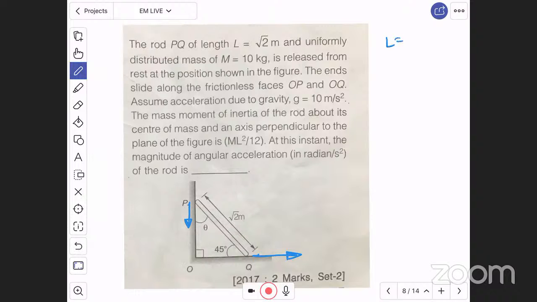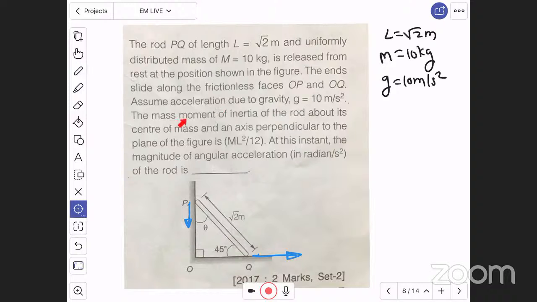Here the length of the rod is given. I am writing what is given in the question. The length of rod is root 2 meter, mass of rod is 10 kg, and acceleration due to gravity is 10 meter per second square. This is the given data in the question. Then the mass moment of inertia of rod about its center of mass and the axis perpendicular to the plane of figure is ml square by 12.